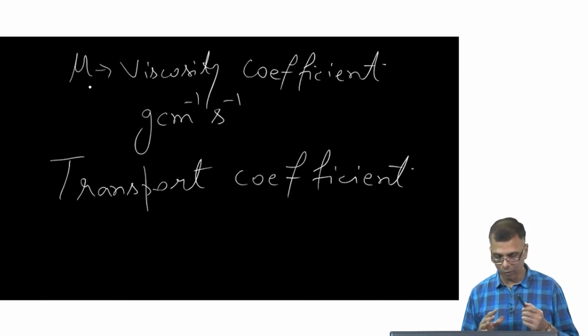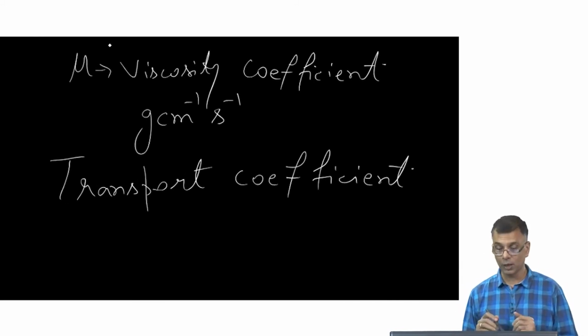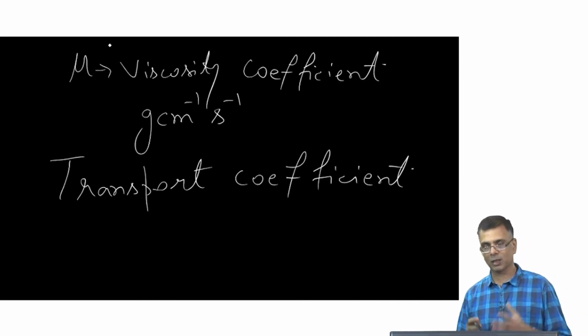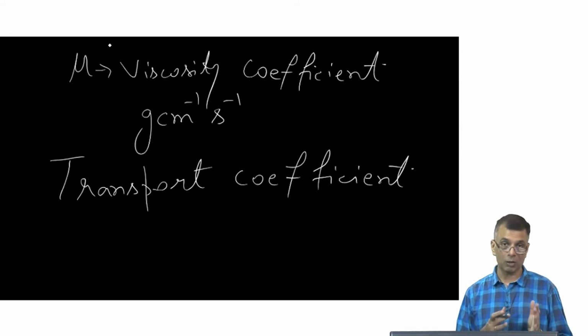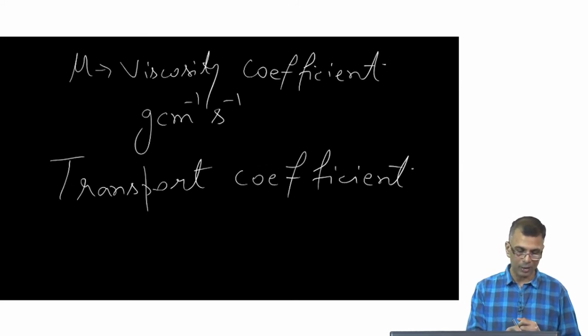Let us revisit this thing about a viscosity coefficient, and in particular show how this corresponds to transport of momentum, in particular momentum flux between layers, and how a viscosity coefficient is derived using the concept of a mean free path, using microscopics a little bit, right. It's quite simple.